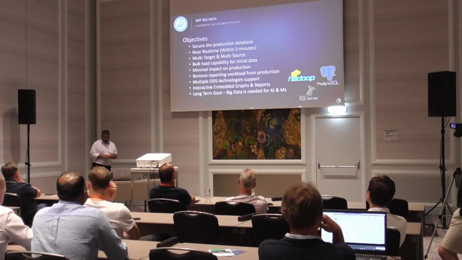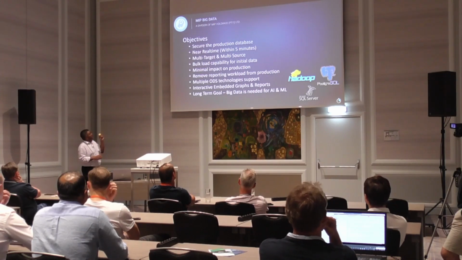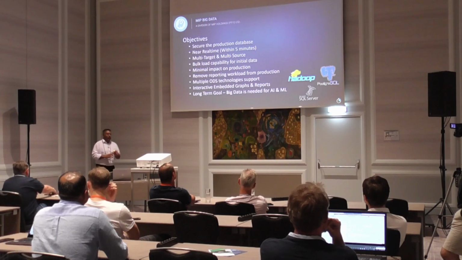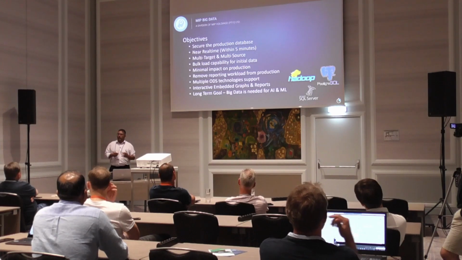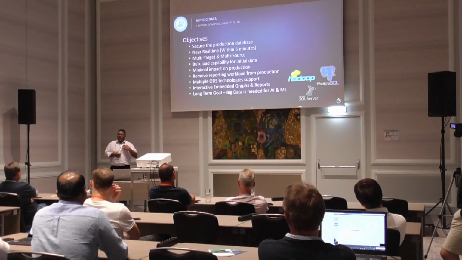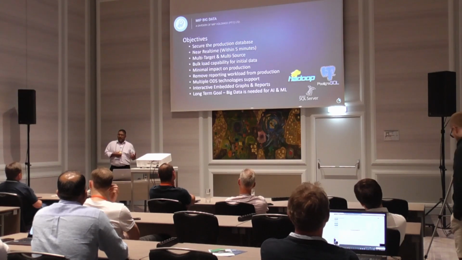So our objective with our solution was basically to secure our production database. And what that means is, the easy answer is always just enable SQL access to your database. The problem with that for us internally was that it's so difficult to control the impact that those SQL queries have on your Progress database. If somebody runs a rogue query, it could halt your transactional system, and then you're stuck.